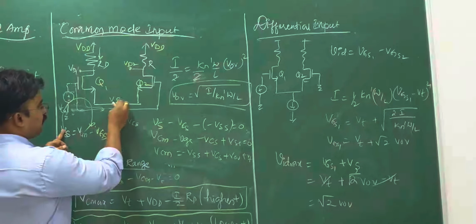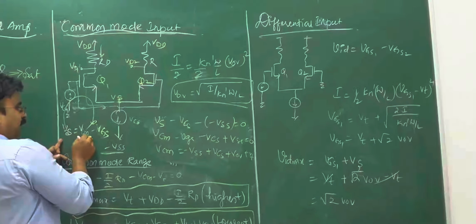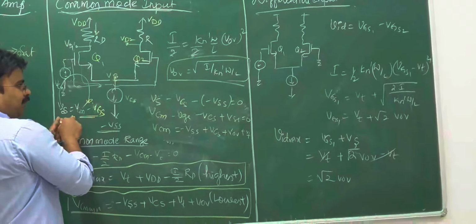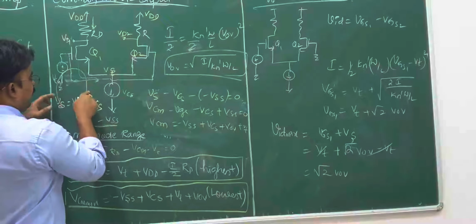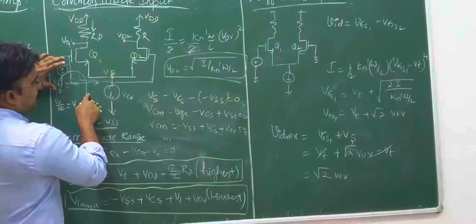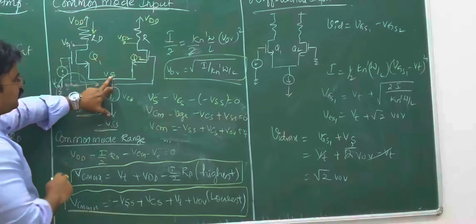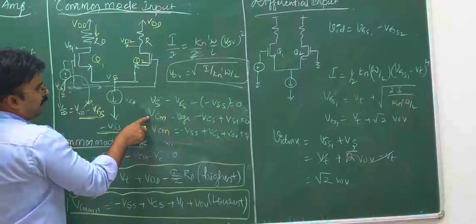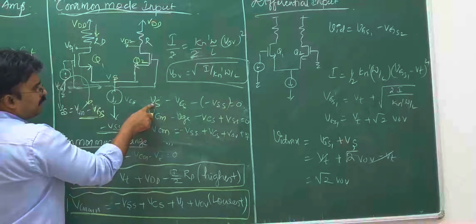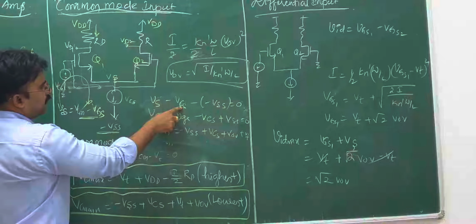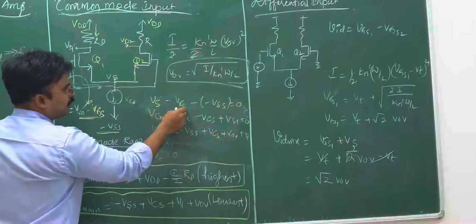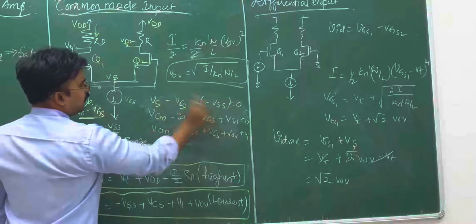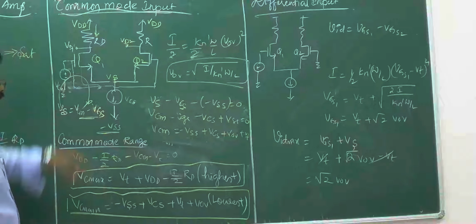You know that the source voltage Vs is nothing but VCM minus VGS. Keep this aside. Apply KVL to this. If you take this voltage as Vs, apply KVL: Vs minus VCS, the voltage across the current source, minus the VSS, from here to here.